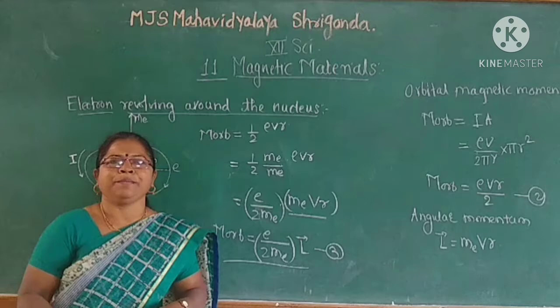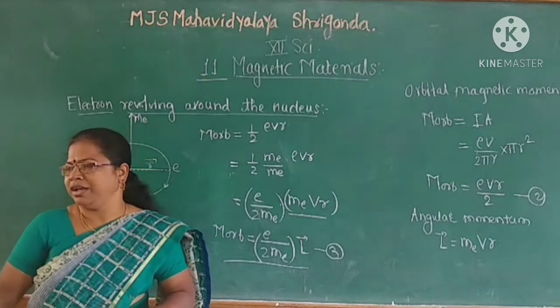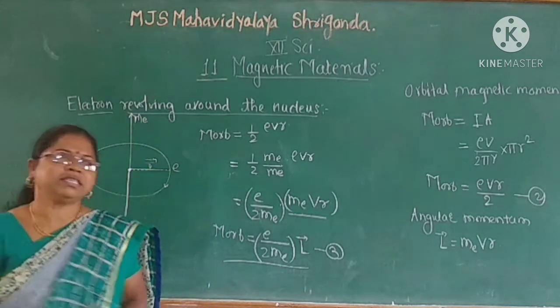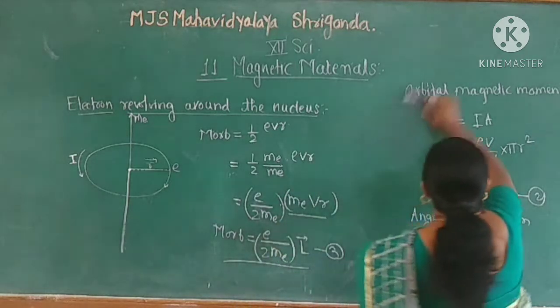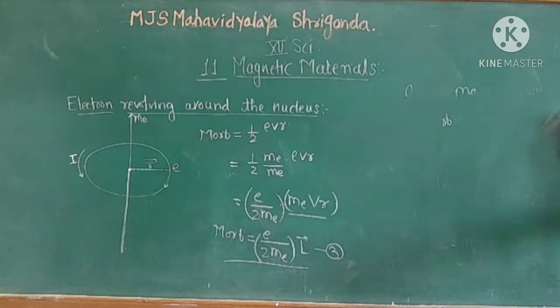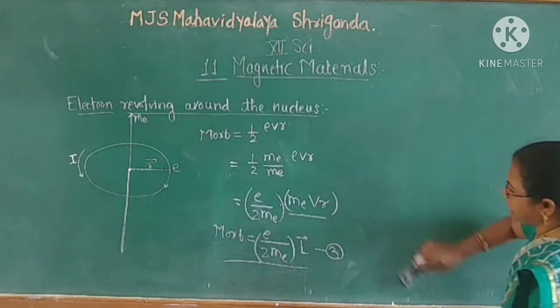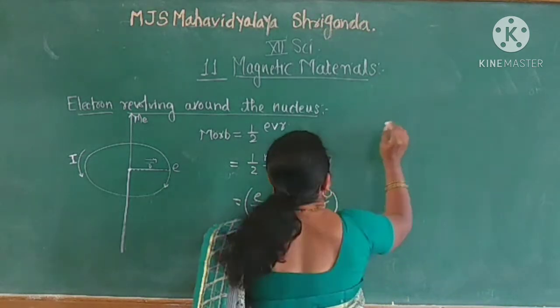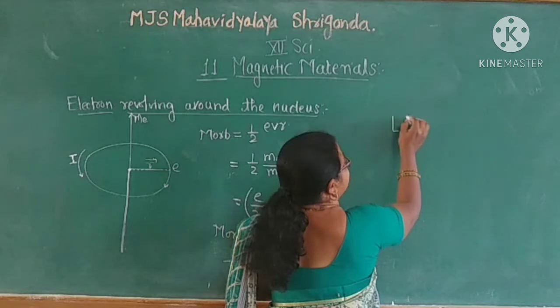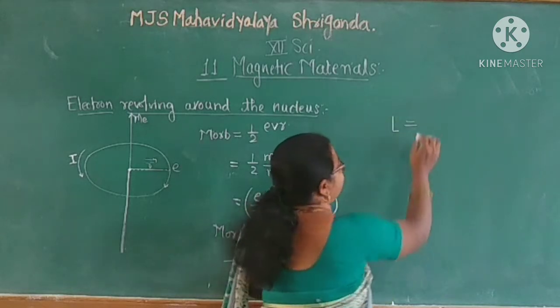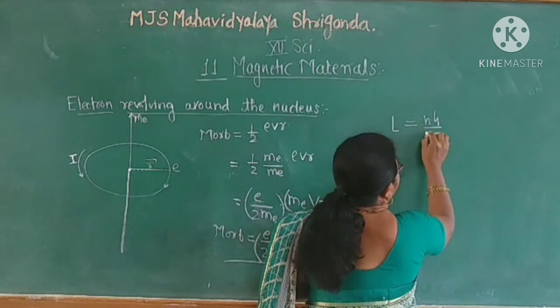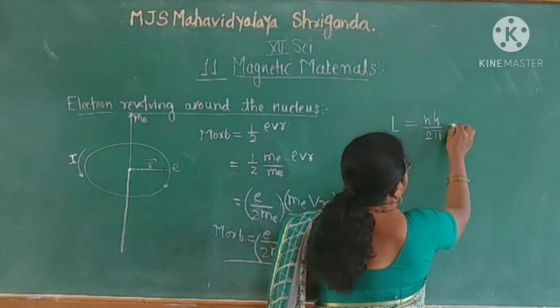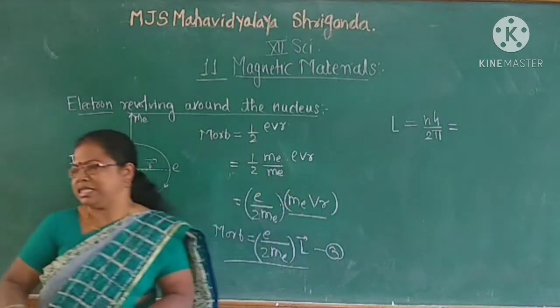Therefore, we can write angular momentum is equal to nh by 2 pi. But it is equal to, what is its value?